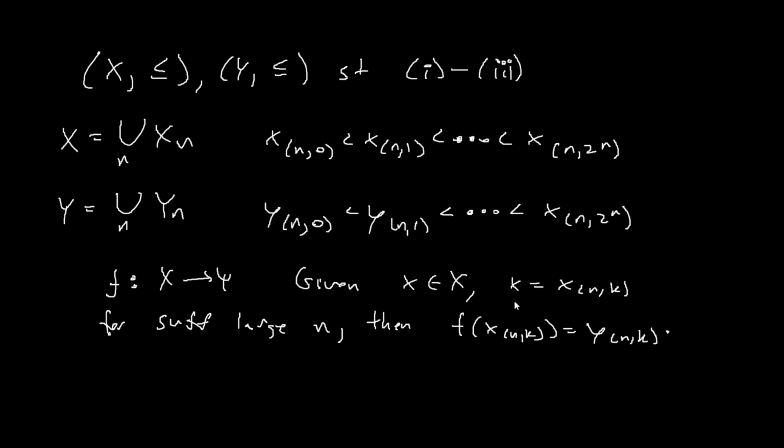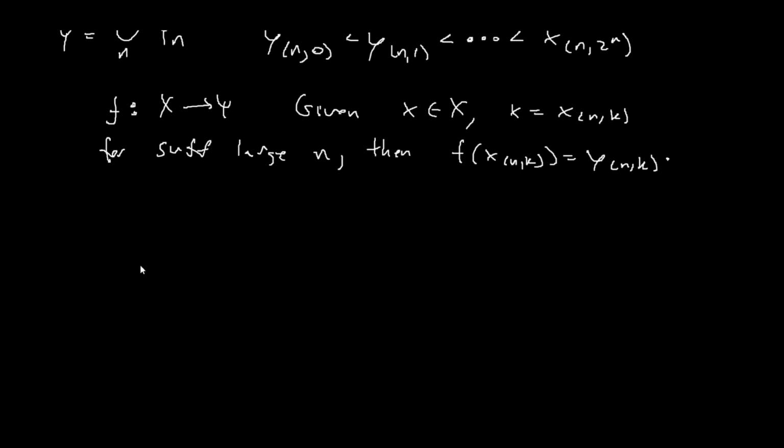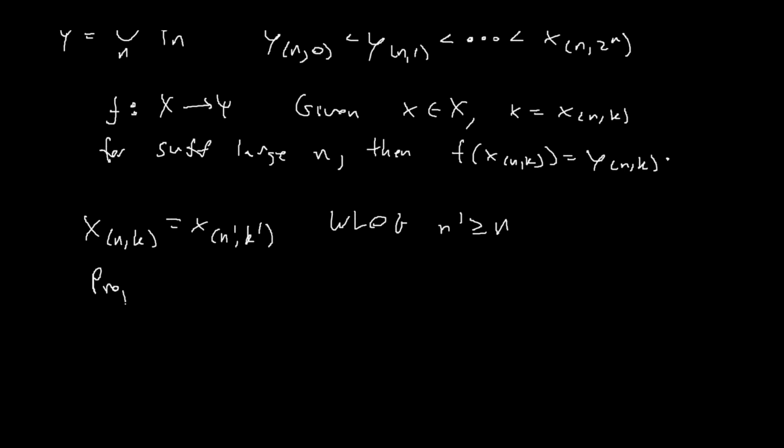And to show that f is well defined, it's not difficult. So suppose xn comma k equals xn prime comma k prime. Without loss of generality, let's assume n prime is greater than or equal to n. Then, by proposition 2, or an application thereof, we find that xn comma k is the same as xn prime comma k times 2 to the n prime minus n, meaning that at each step you go from n to n plus 1, you multiply the second index by 2.